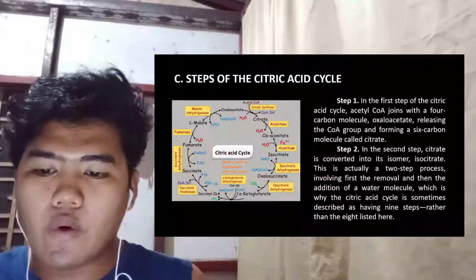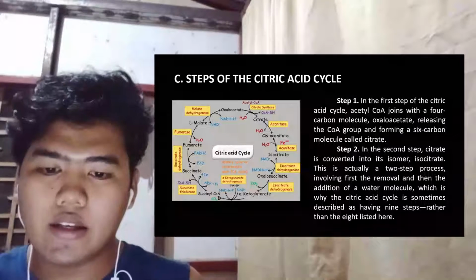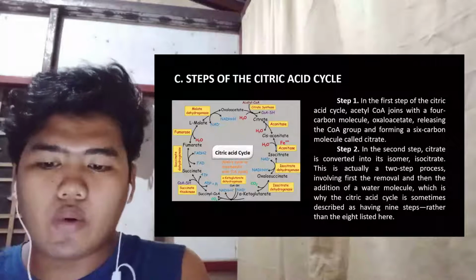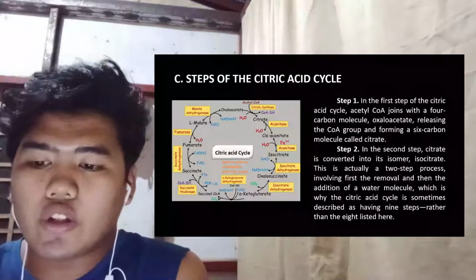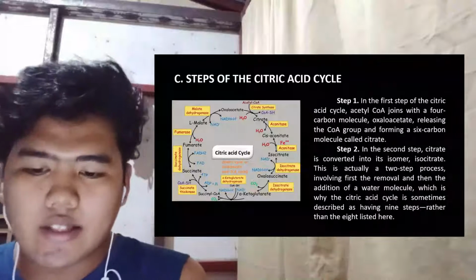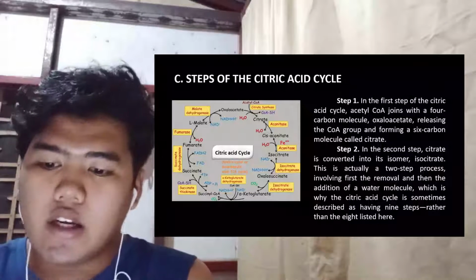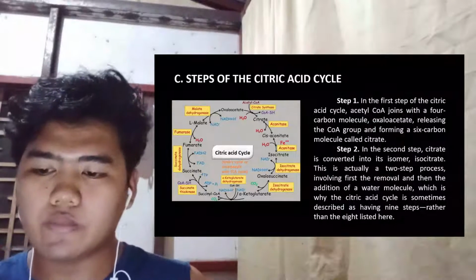Citrate is transformed to its isomer isocitrate in the second step. Because this is a 2-step process that involves first removing and then adding a water molecule, the citric acid cycle is frequently referred to as having 9 steps instead of the 8 that we are featuring now.